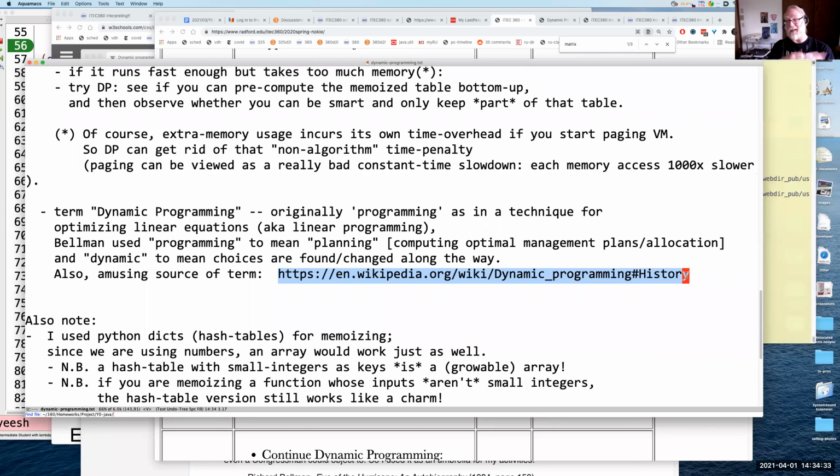It comes from that sense and is unrelated to programming of computers, just making a plan. And so Bellman was doing research, and he coined the term dynamic programming. He was using programming in that sense. Okay. And why dynamic? Because as you're running, you change your idea of what the best thing is, and you update your idea. Partly he chose it as a buzzword, and he talks about why in that little anecdote. But, okay.